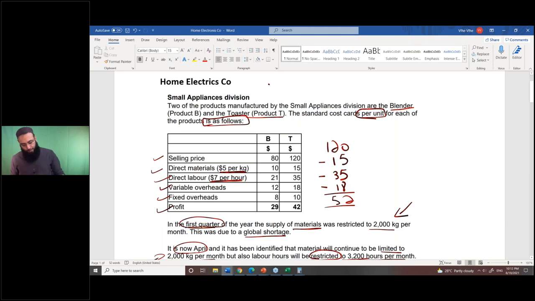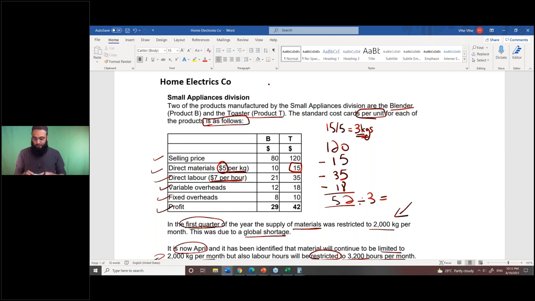Right. Now, we need to know how many kgs T requires. It's simple. 15 is the cost and the rate per kg is 5. So 15 divided by 5 is 3 kgs. So 1 unit requires 3 kgs. This is what I've worked out. So 52 divided by 3 will give me the answer.